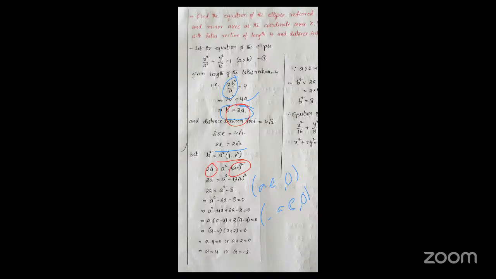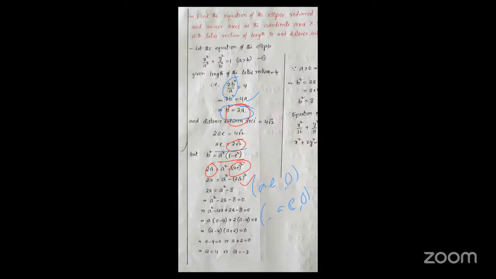So here, apply the values. We have ae equal to 2 root 2. That is 2a equal to a square minus 2 root 2 whole square. So this is 2a equal to a square minus 8.